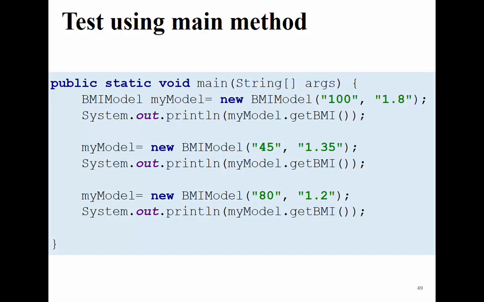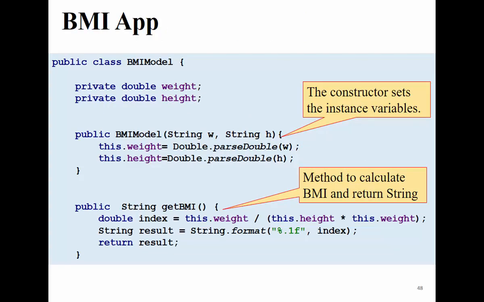So the variable myModel is pointing to a new BMIModel. Here I cannot say myModel dot weight because these are private. The main method cannot access these private ones, but I can access dot getBMI. Why can I access getBMI from outside? Because it's a public method.